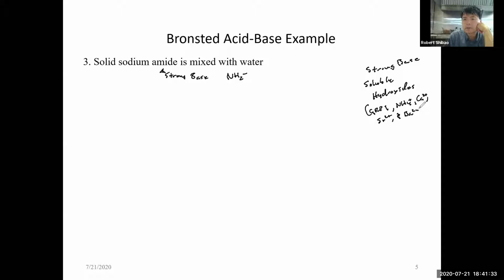And so the soluble hydroxides are considered strong bases. The base part is the hydroxide ion. The ammonium is actually an acid. Calcium, strontium, barium, those are all neutral. Sodium, lithium, potassium, all neutral, except for ammonium, which is a weak acid.